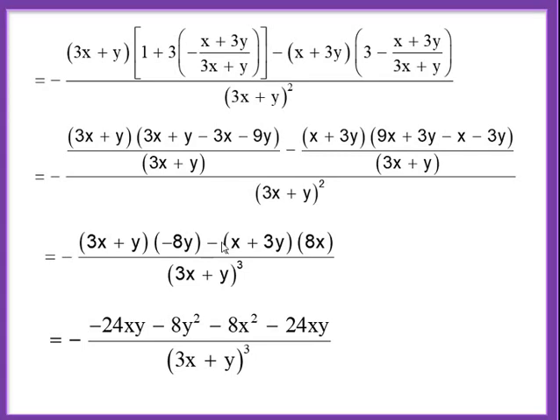I'll give a few seconds. Just read each and every step. First this one, then LCM 3x plus y. Here also LCM is 3x plus y. Ultimately it goes to denominator.